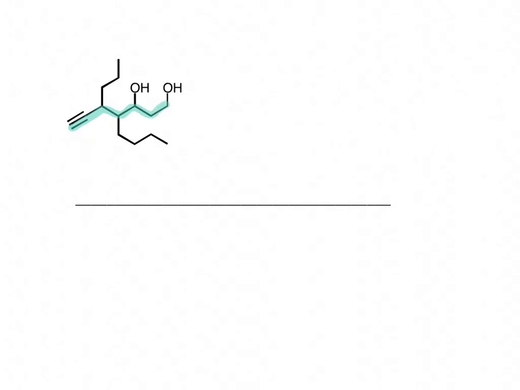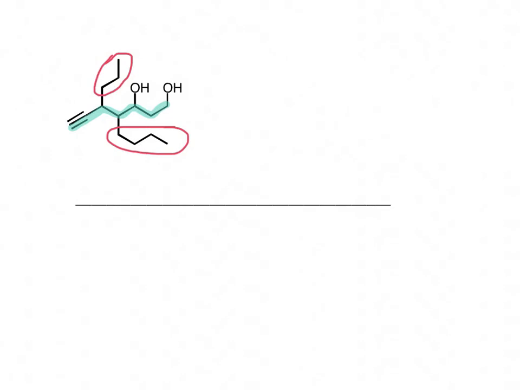This is an alkyne and a diol, so it has a lot of stuff going on with it. Maybe the simplest thing to do is tackle the functional groups that are substituents. I have a 1, 2, 3 propyl, and I have a 1, 2, 3, 4 butyl. So I've got a propyl and a butyl.